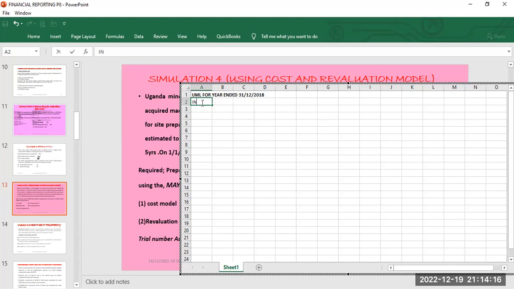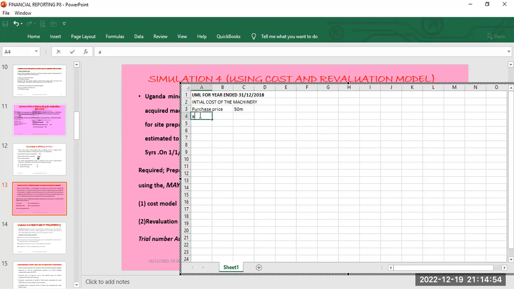We spoke about the items that are going to be included in determining the initial cost of the machinery. One of them is the purchase consideration, the purchase price, which was 50 million in the question.